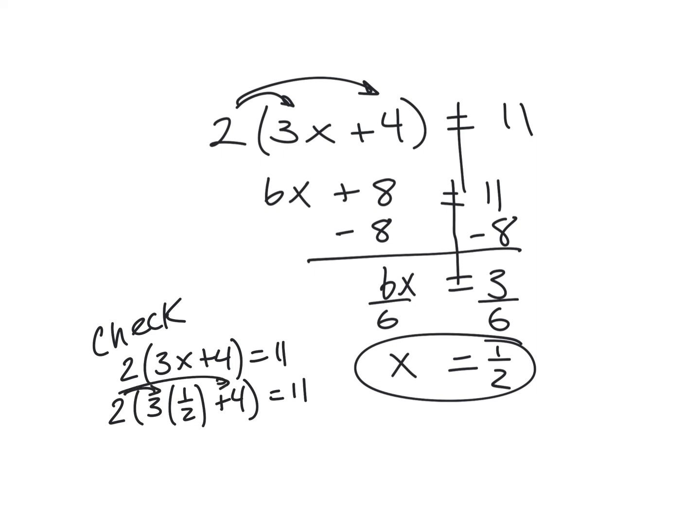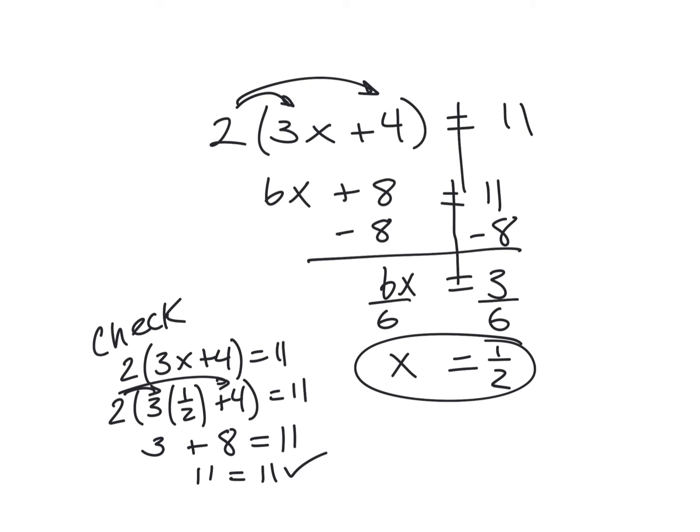So I'm going to do 2 times 3 times 1/2. Well, I could just go straight to 2 times 1/2, which would be 1. So then I would just have 1 times 3, which is 3, plus 2 times 4 is 8. And then 3 plus 8 is 11, and 11 equals 11. So x equals 1/2 is correct.